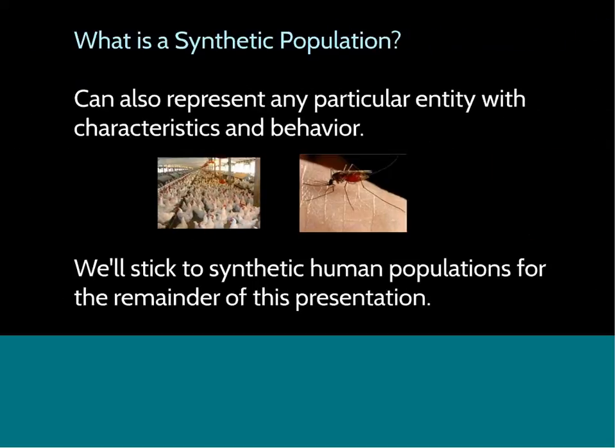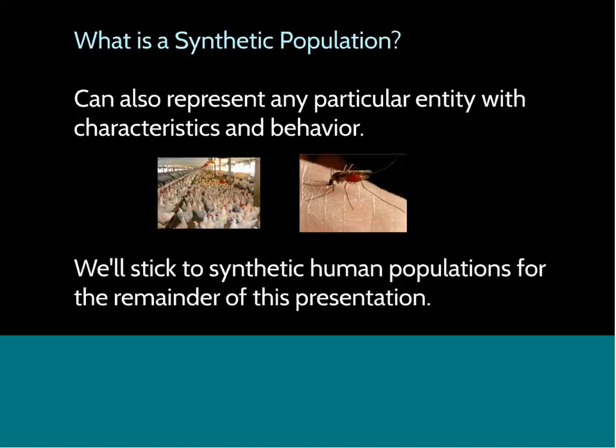So in our case, we've created a synthetic population of people and households, but you can really think of a microdata set and a synthetic population representing any particular entity. So people have used it to represent animals, in the case of chickens or poultry, for dynamic simulation of poultry disease.